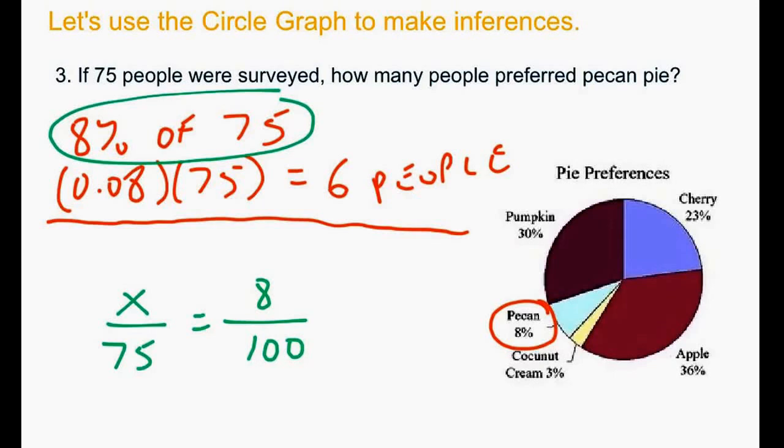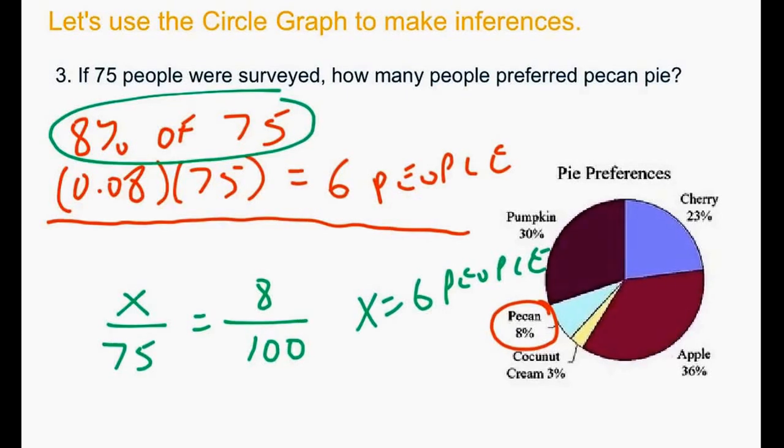There are all kinds of different ways that we've learned to solve proportions. We look for horizontal relationships, vertical relationships, we look to simplify, and then if all else fails, we do cross products. Whatever method you use here to solve, you're going to still get x equals 6, and of course it's x equals 6 people. So there's two methods we could use. Think of it as the 8% of, turn it into a multiplication problem, or make a proportion.